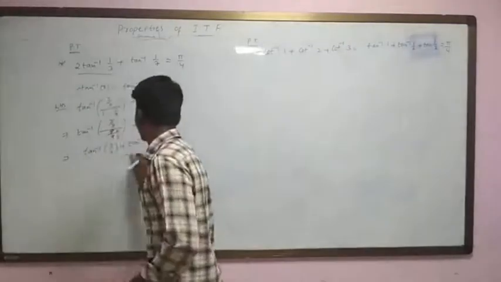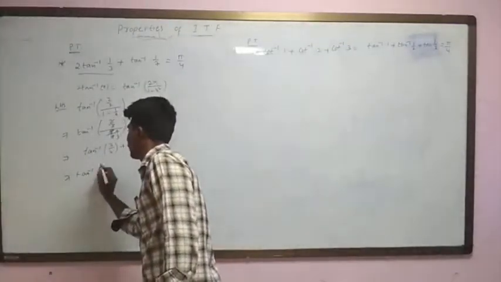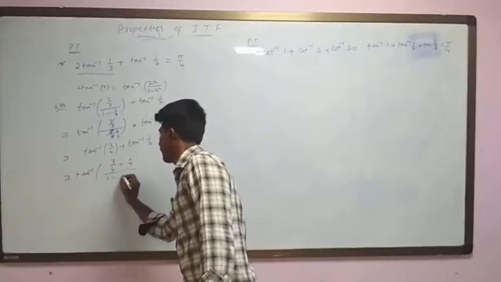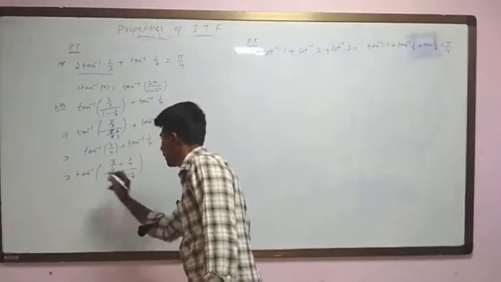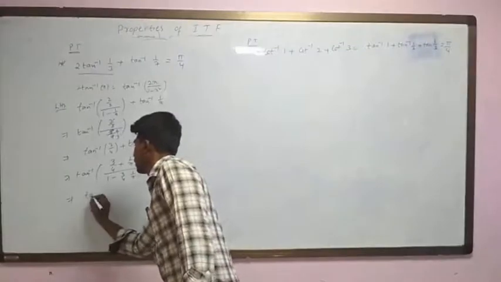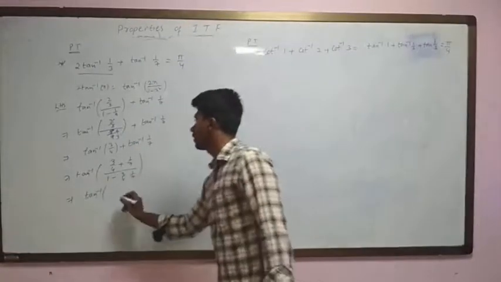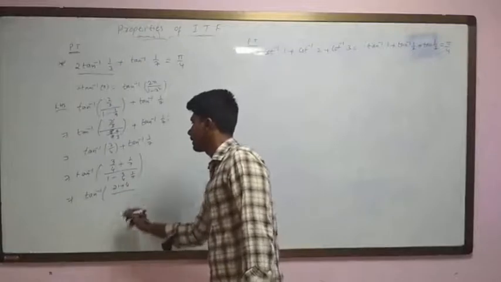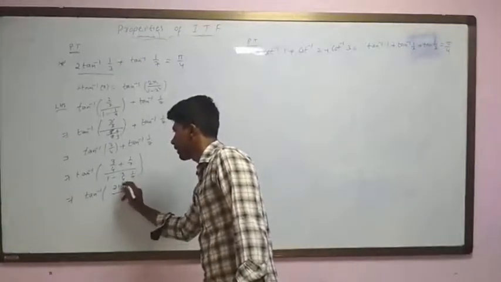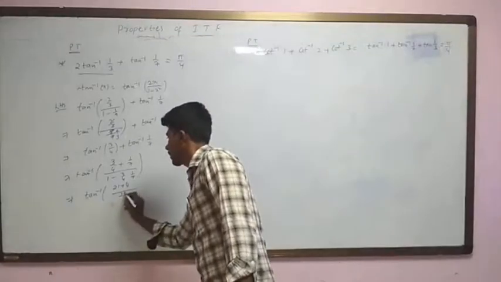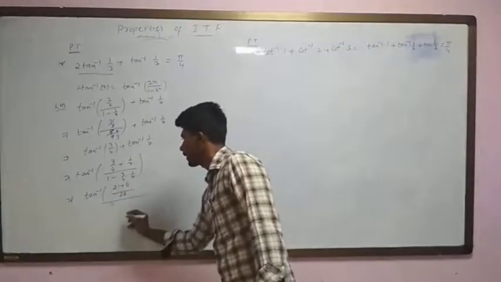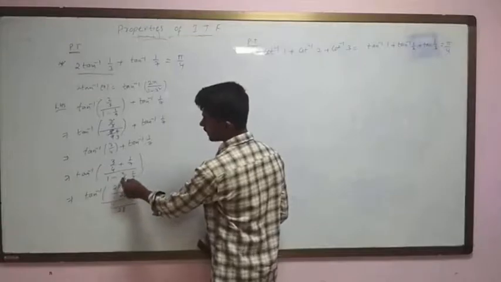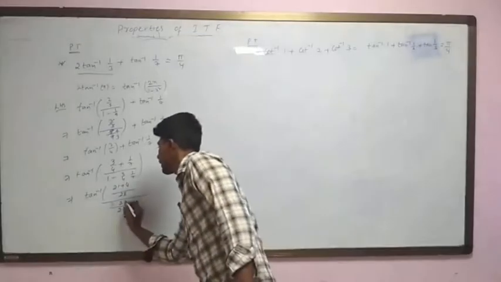Tan inverse of x plus y, 3 by 4 plus 1 by 7, by 1 minus 3 by 4 into 1 by 7, which is equal to tan inverse, take LCM: 7 3s are 21 plus 4 by 28, minus 3. 7 4s are 28, so 28 is the LCM. What do I get? 28 minus 3, 25.